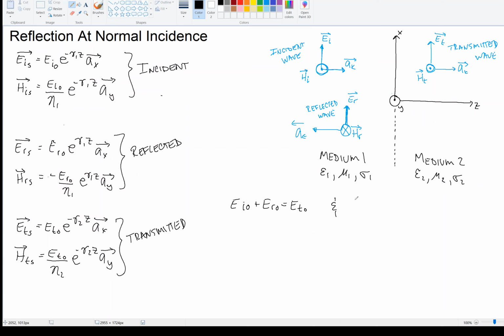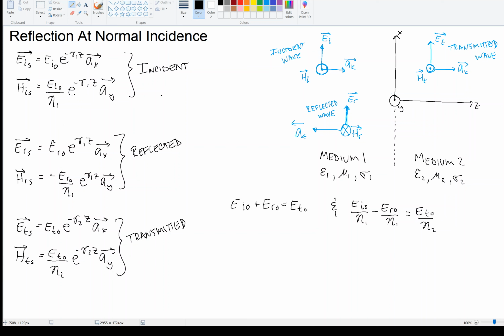And in terms of the magnetic field, this must be true. These are H's, but I've decided to represent them in terms of the electric field. So this is the incident magnetic field minus the reflected magnetic field, because the magnetic field switches direction, equals the transmitted magnetic field.